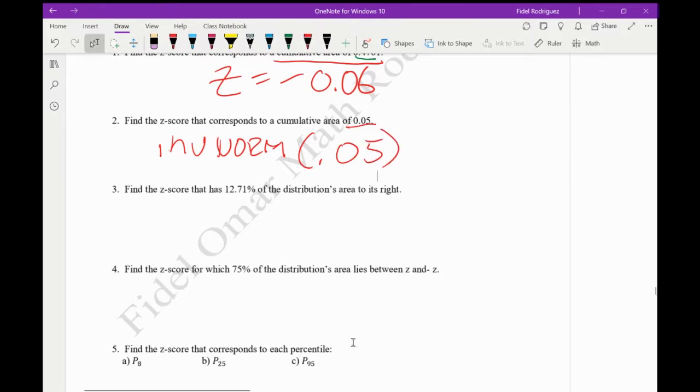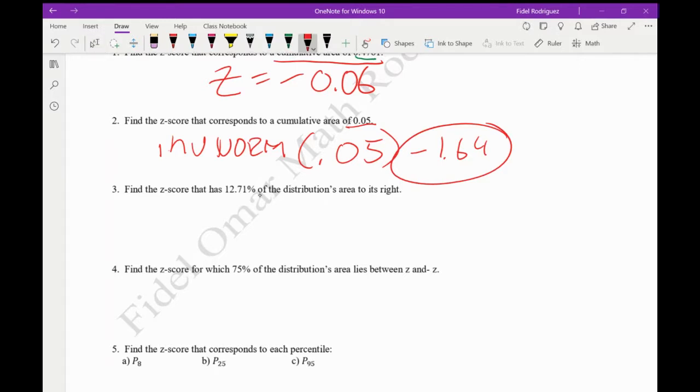So instead of pulling the calculator up again, I'm just going to type that here on my own. Second bars, inverse norm, and then 0.05. And I'm coming up with something like negative 1.64. So right here, I'm coming up with negative 1.64 as my answer, and that's all it's really telling me.